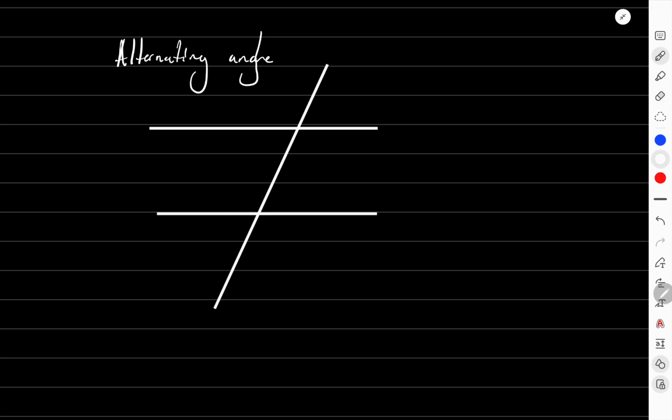Now, if I have a line like this one, I'm going to have A, B, C, D, E, F. Those are my lines. I'm being told that line AB is parallel to line CD. I'm going to write G, 1, 2, 3, 4. H, 1, 2, 3, 4.